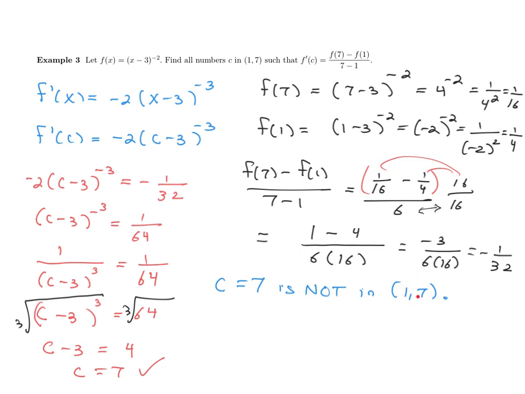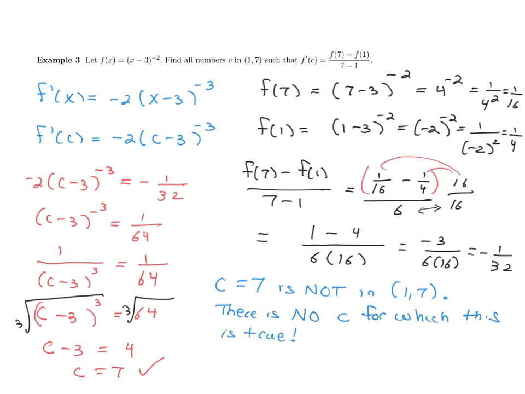Like maybe it would be 6 or 5.2, but it can't be 7, and it can't be equal to 1. Because this did not work out, there is no number c for which this is true.